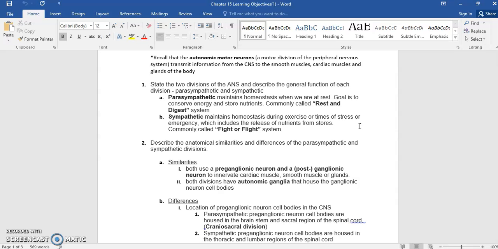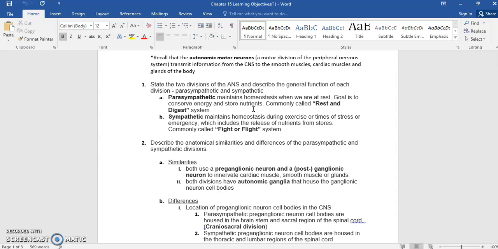If we're in an environment where we're resting and we don't need to be doing anything strenuous, exciting, or fearful, then the parasympathetic motor neurons will be sending most of the signals to those cardiac muscles, smooth muscles, and glands, and that will maintain the homeostasis of our various body systems.